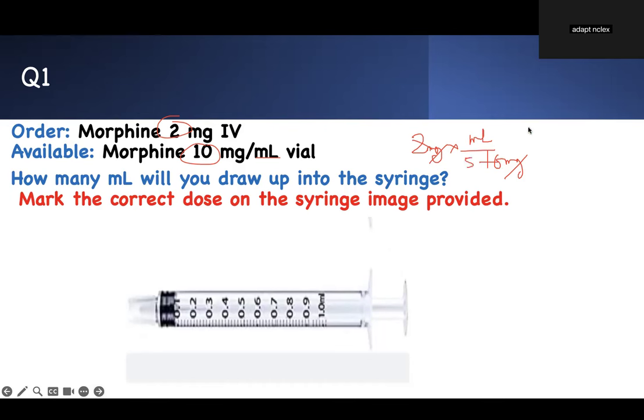So we have 1 over 5 ml, which is 0.2 ml. So the nurse is going to draw 0.2. You just have to indicate on the diagram that this is what we're going to give to the patient. Straightforward, right? You got it.